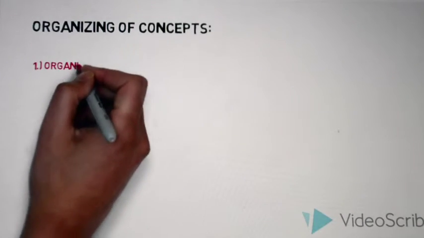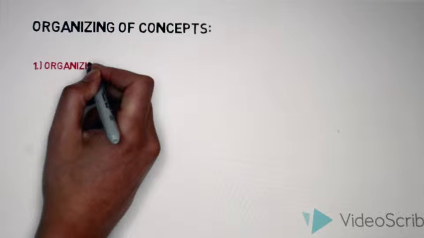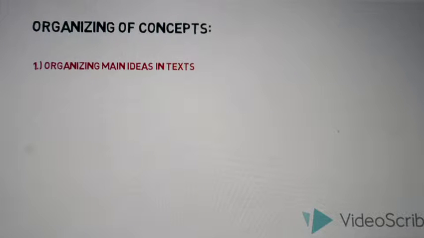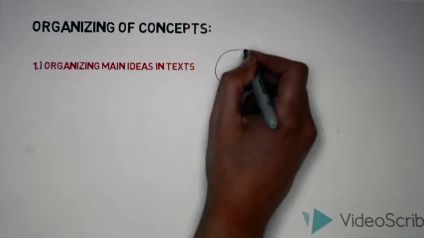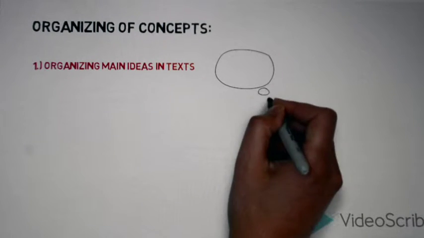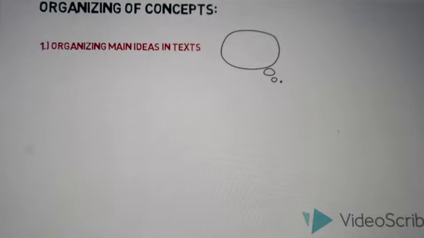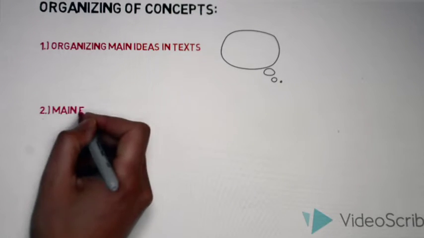A couple of examples of that might be, number one, organizing the main ideas of the text. So, theme, that could be the different motifs that the author is trying to get across or anything of that sort.